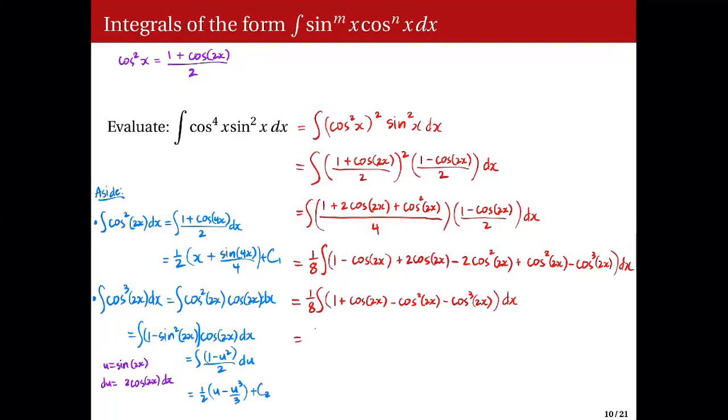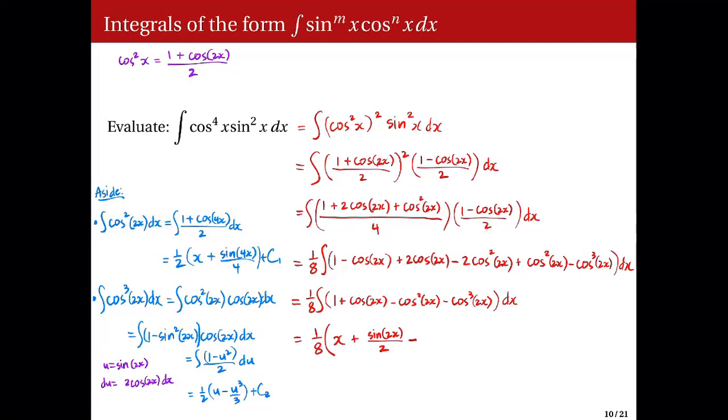So, we will have 1 over 8 times integral of 1 dx, that's just x, plus integral of cosine 2x dx, that's just sine 2x over 2. Then minus integral of cosine squared 2x, it's this guy here.